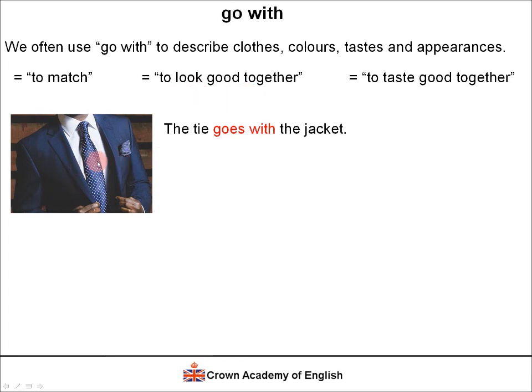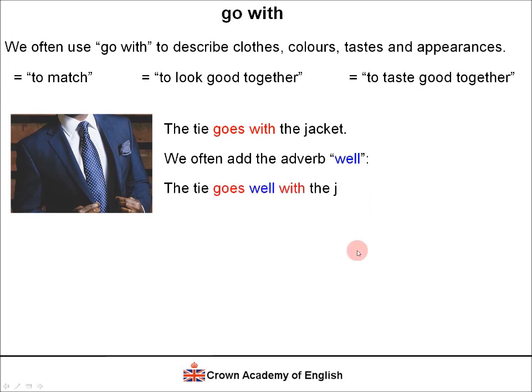It's a good combination because of the colours, contrasting and the same colour. The tie also contrasts well with the shirt. So we say the tie goes with the jacket. And we often add the adverb well. So we can say the tie goes well with the jacket.